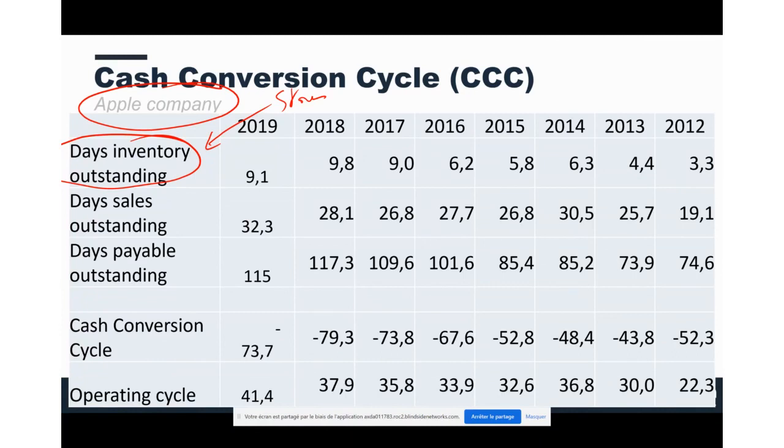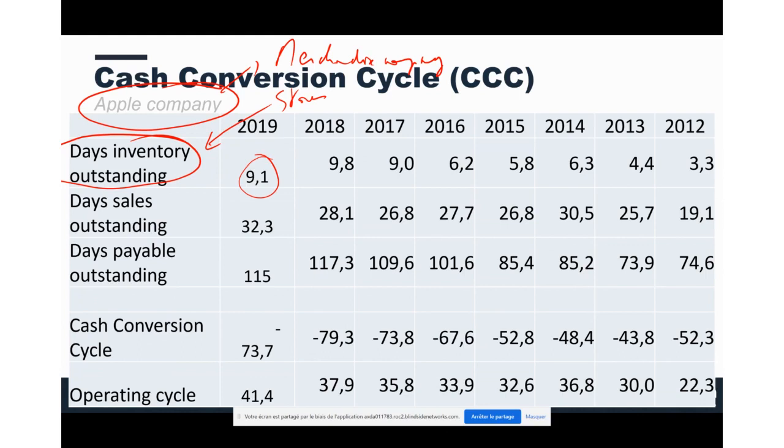So we have the equivalent of only 9.1 days of sales in inventory, which is very low. It's a merchandise company. They don't produce what they sell. They imagine the product, they have the research and development expense, the advertising expense, but they don't produce the product.